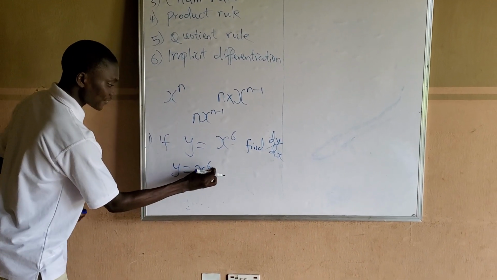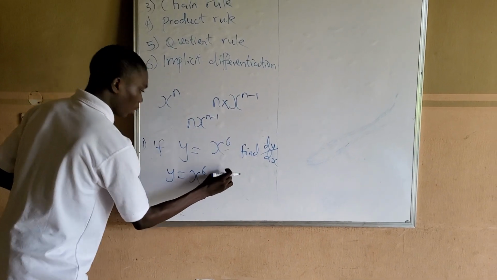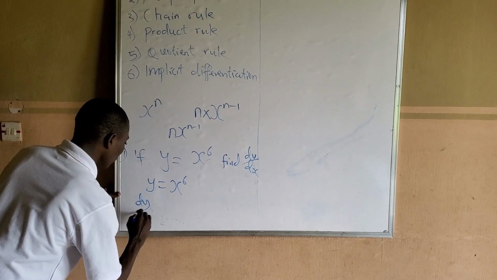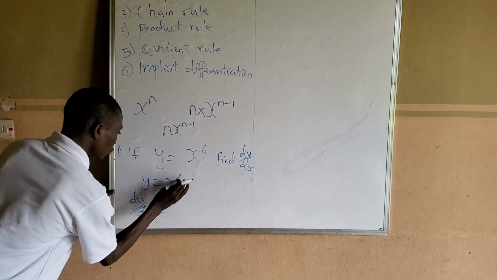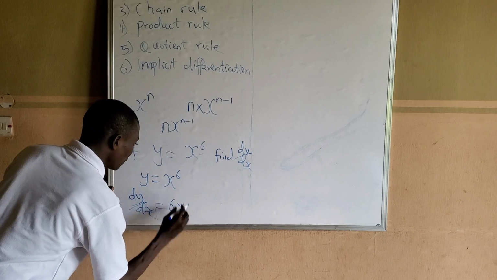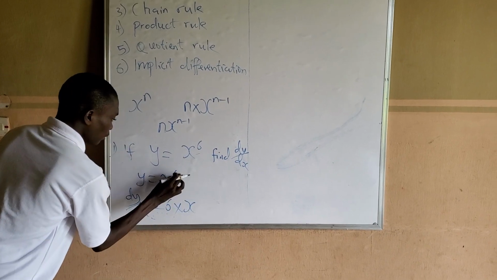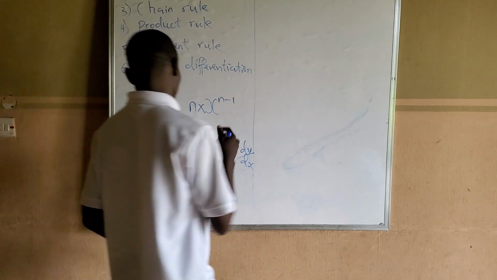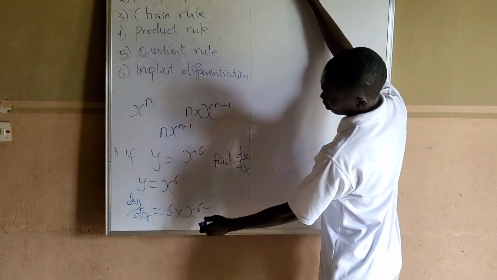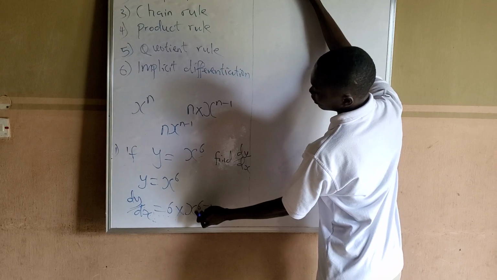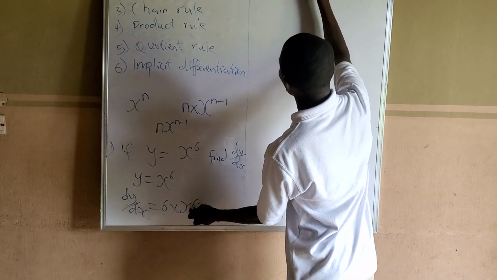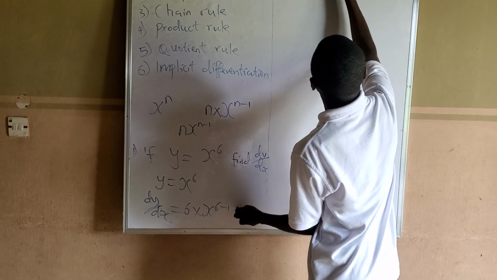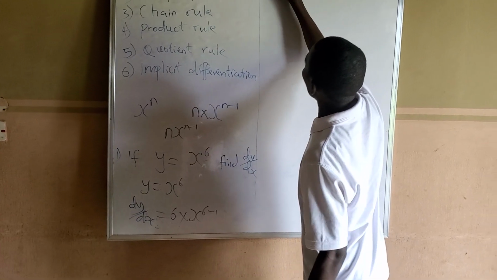You use this power, which is 6, to multiply it, and then subtract 1 from the power, which is 6. So it will give us dy/dx equals, using 6 to multiply it, 6 times x. Subtract 1 from this power, that will be 6 minus 1. So this gives us 6x, and 6 minus 1 will be 5. That is our final answer.